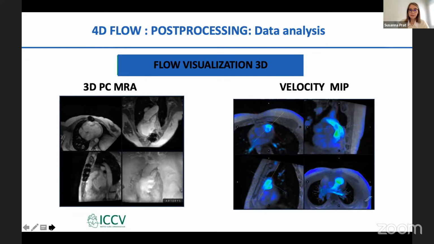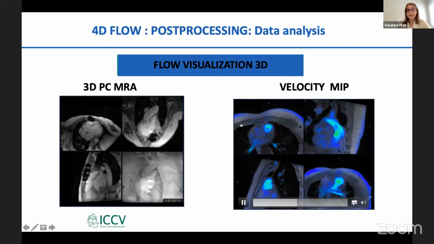And how do we analyze it? First, we have the flow visualization in 3D. What can we get? We get anatomical images similar to what we can get from MRA. We see here the heart and the vessels in grayscale.